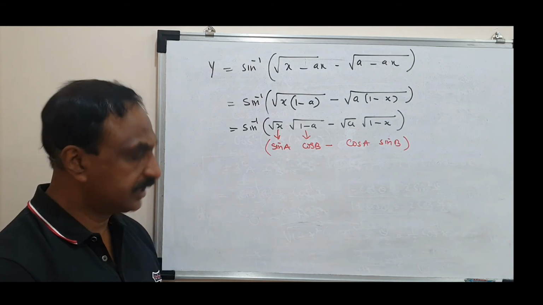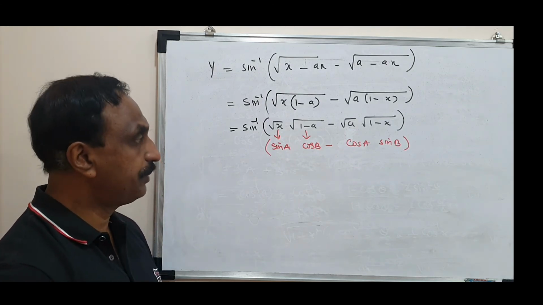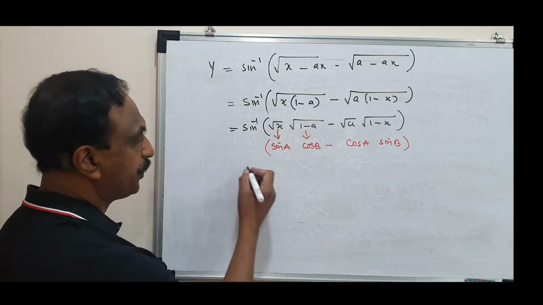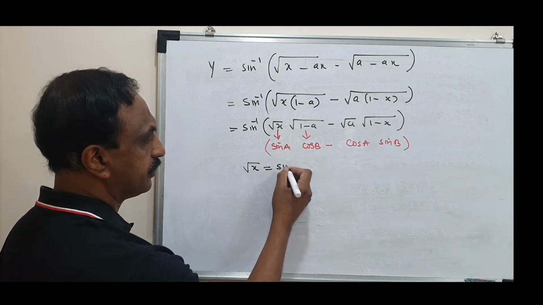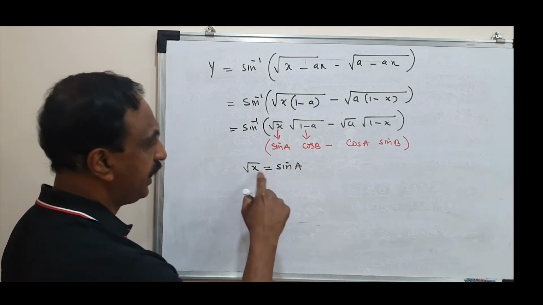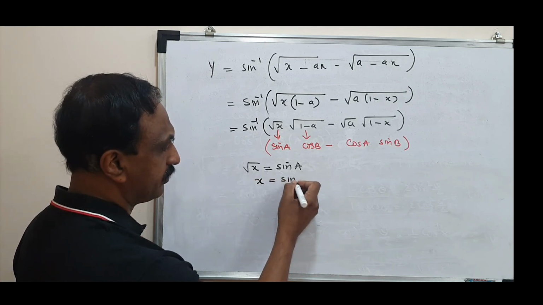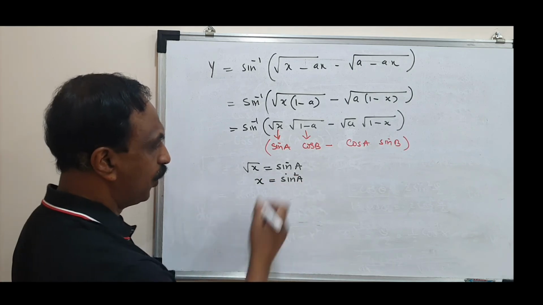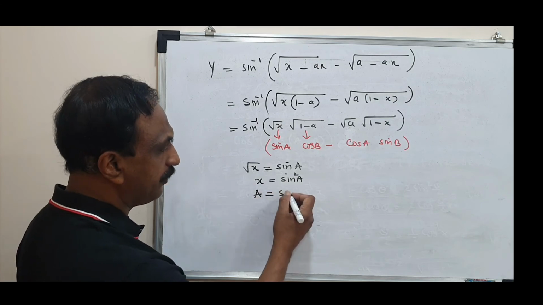So if I want to bring it in this format, first what should be my substitution? I need to put root x as sin a. So naturally, x will be sin square a. Also, a can be replaced by sin inverse root x.